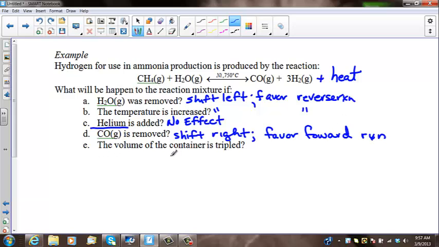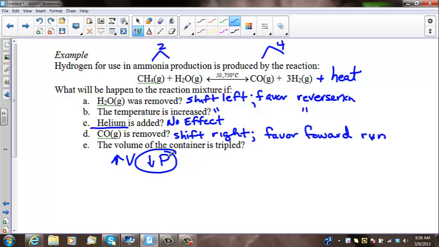And the volume of the container is tripled. So when I increase volume, I decrease pressure. So a decrease in pressure will shift the reaction to the side with the least number of moles. So I've got 2 moles total, 1 mole of ammonia, 1 mole of water, and over here I have 4 moles total.